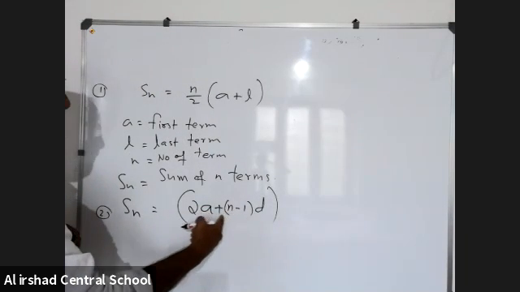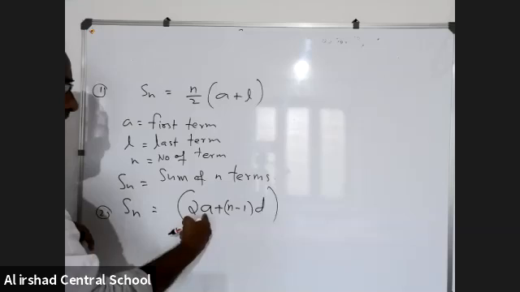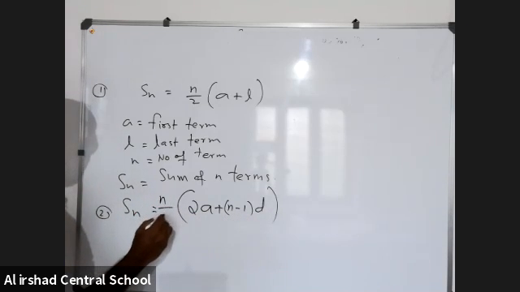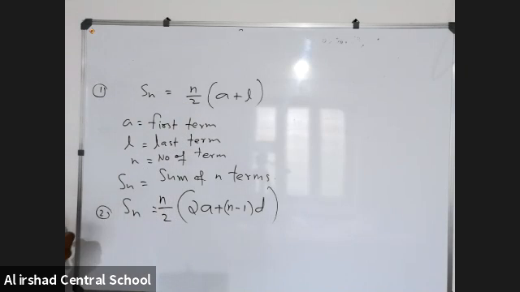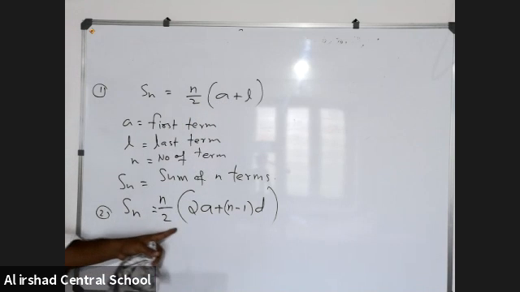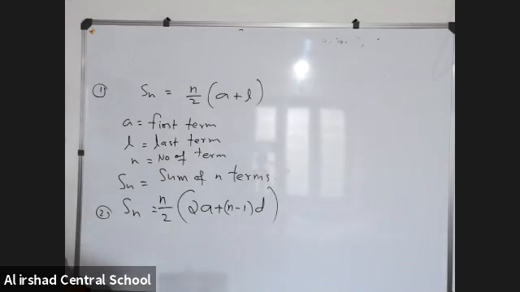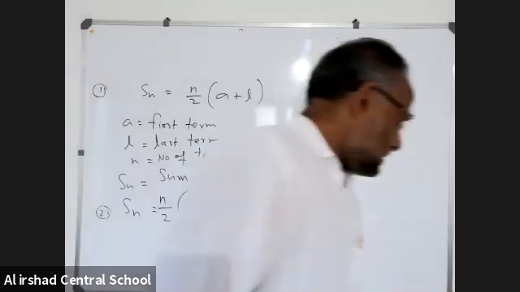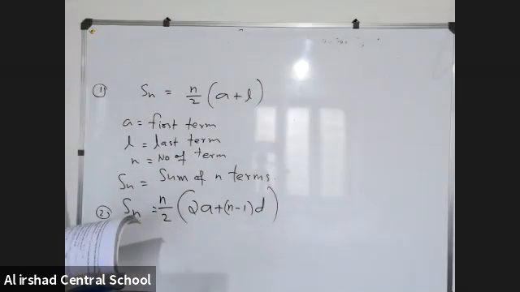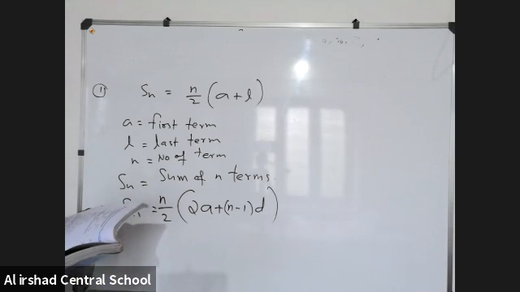See, I am comparing 2a plus n minus 1 into d, and of course n by 2. You have to study this, no need of derivation. This was for making it interesting when I explain. Only study the formula: n by 2 into 2a plus n minus 1 into d. That is the formula. I think you understood. You got the two formulas.